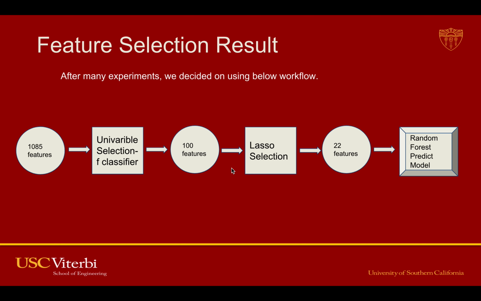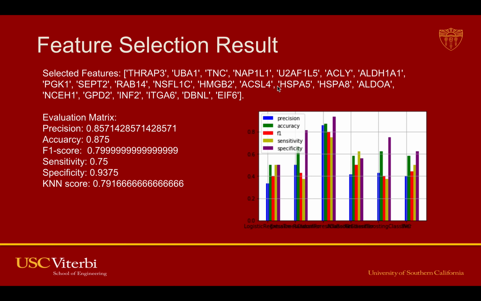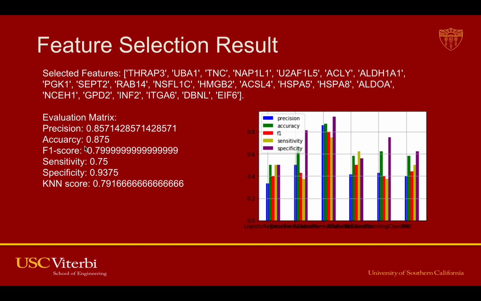After that, we use those 100 features to do lasso selection, and we got 22 features out of it. We are going to use these 22 features to build a random forest prediction model. This is the features that we selected, and these are the evaluation metrics, as you can see here.